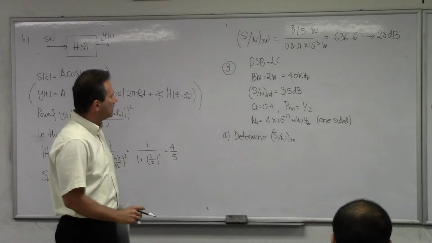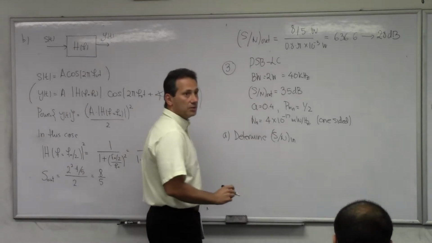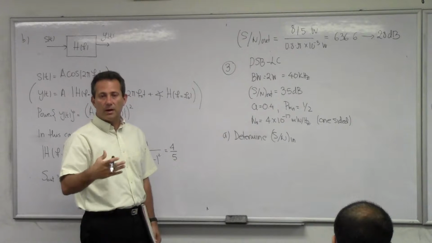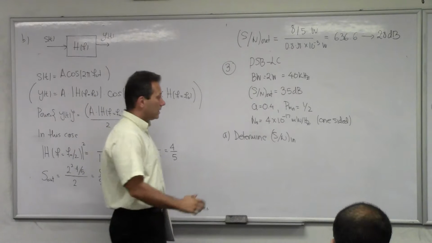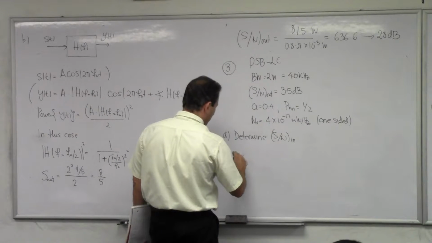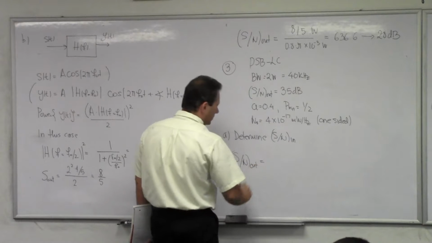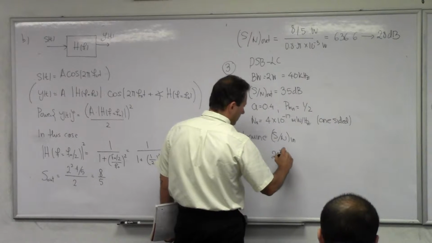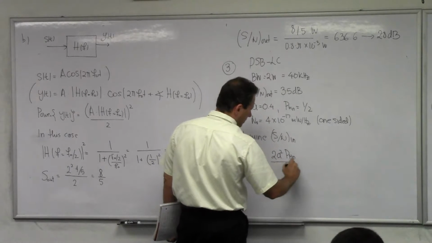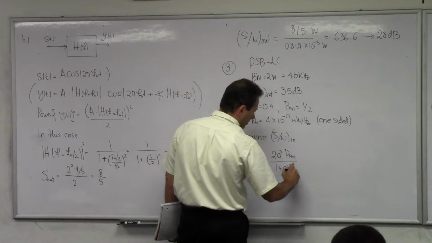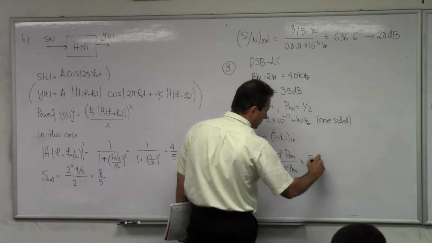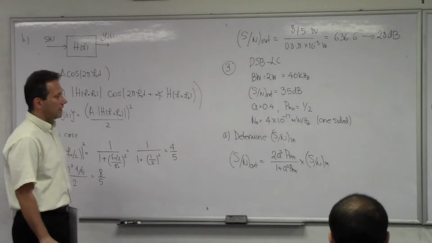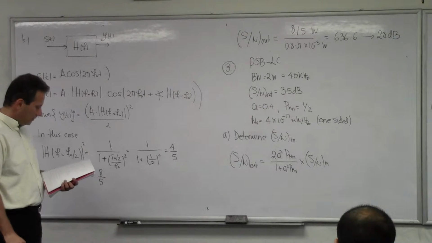Since this is a double-sideband large carrier, we know the relationship. In all of these analog modulation schemes that we covered, input and output were related by processing gain. Signal to noise ratio at the output, in the case of double-sideband large carrier, was equal to 2A squared times the power of the message normalized, divided by 1 plus A squared times the power of the message normalized, times the signal to noise ratio at the input. Now this is in a linear domain, so you would have to look at this in dB.